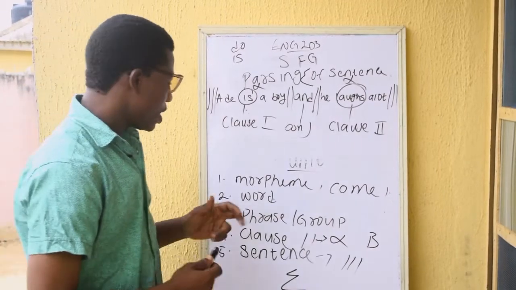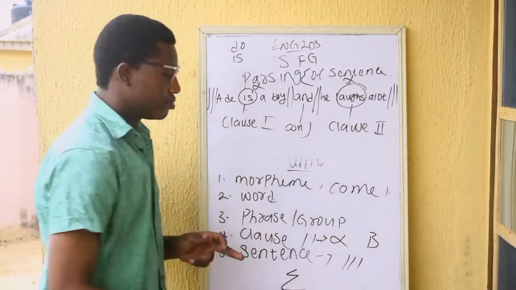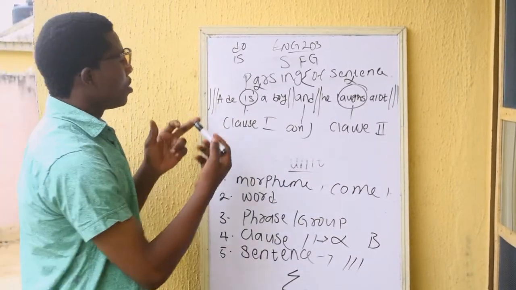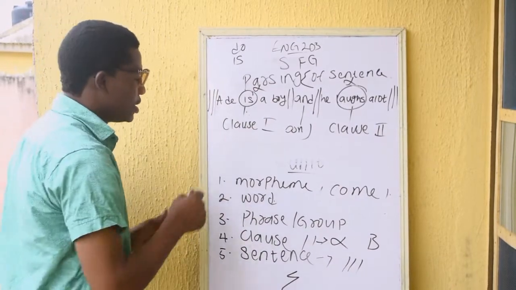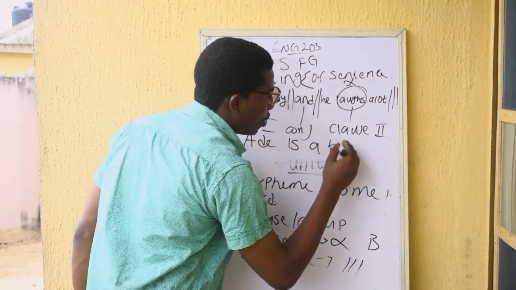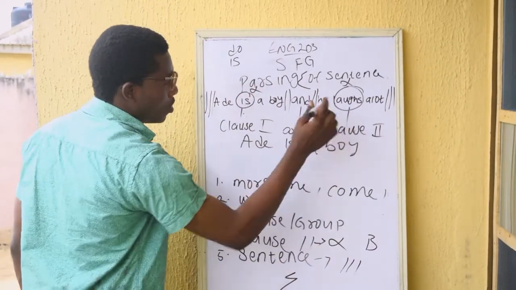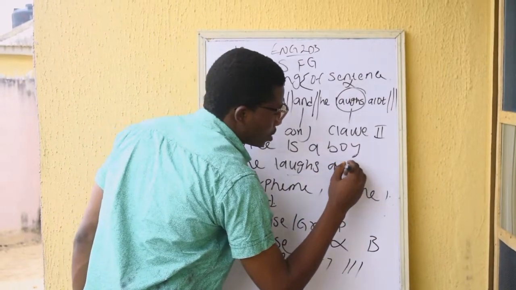So now let's move on to the phrase or group. Now, "Ade is a boy and also he laughs a lot."